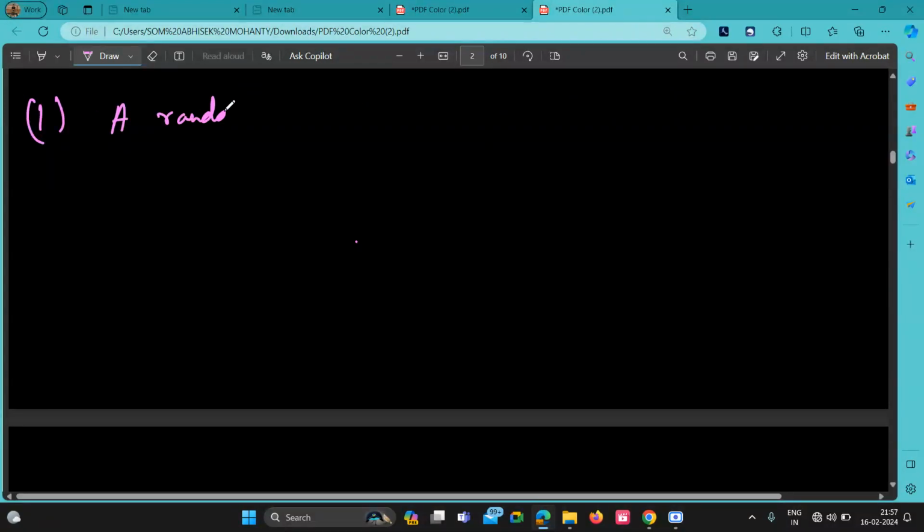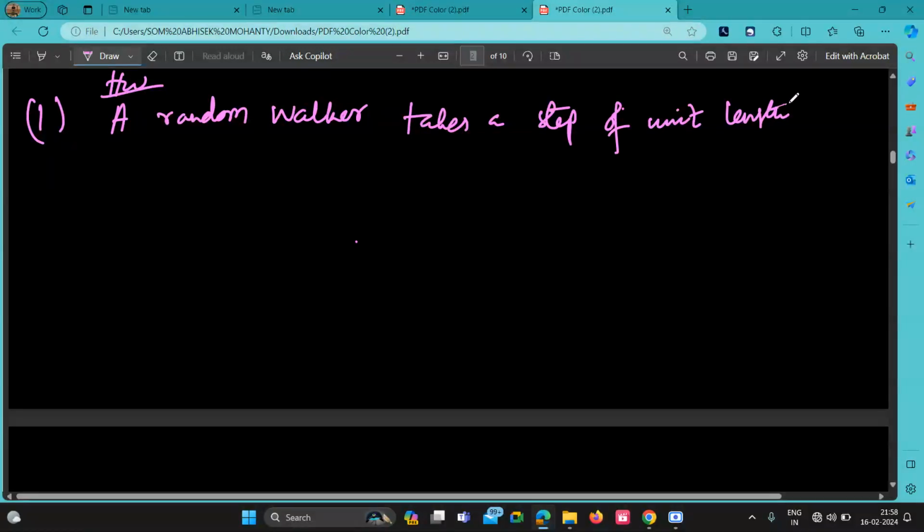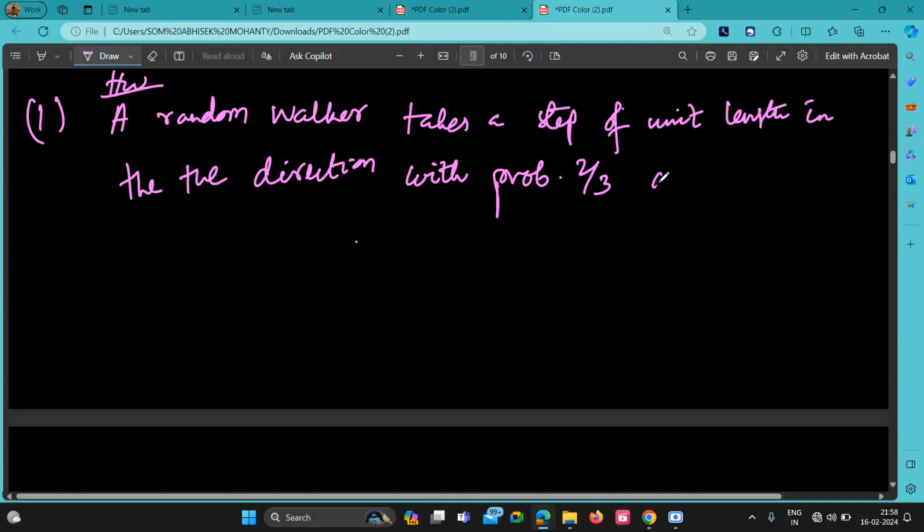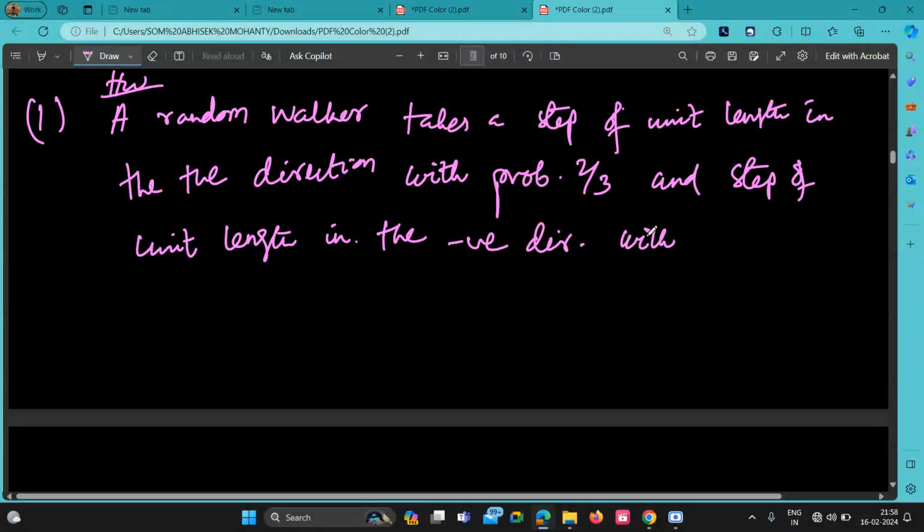A random walker takes a step of unit length in the positive direction with probability 2 by 3, and a step of unit length in the negative direction with probability 1 by 3.